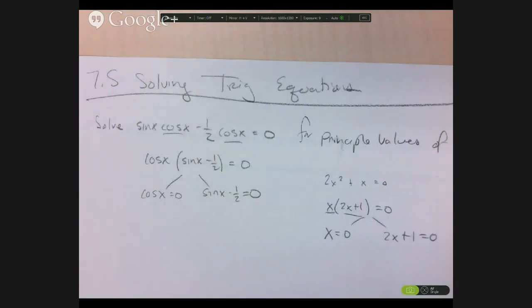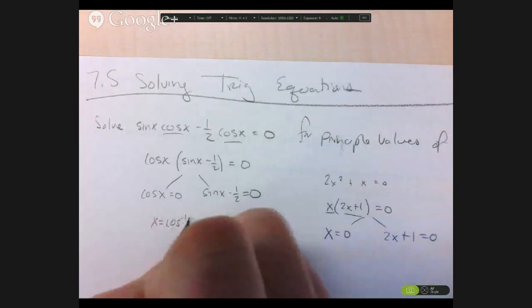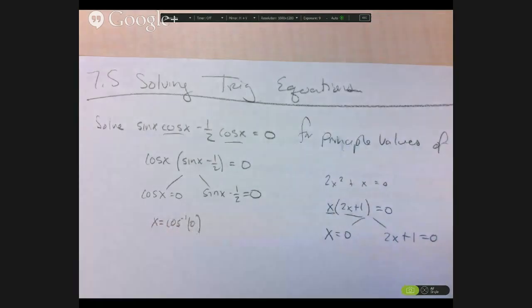Okay, so where's cosine 0? You can use your calculator sometimes on these.